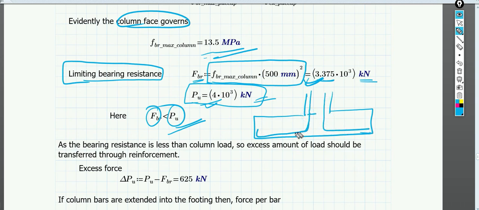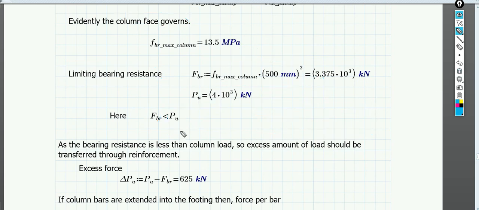So we first have to check whether, if we extend the column bars, they can take the additional load, that is 4000 minus 3375. Can the additional load be taken by the extended column bars into the pile cap? Here it is written, for a bearing resistance less than the column load, the excess amount of load should be transferred through reinforcement, right?